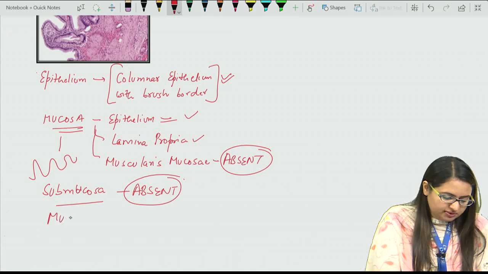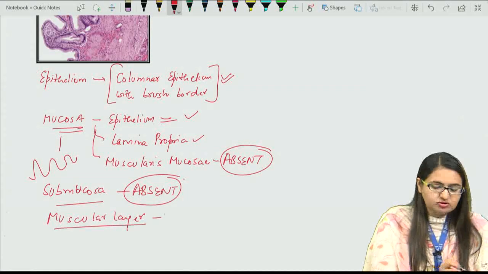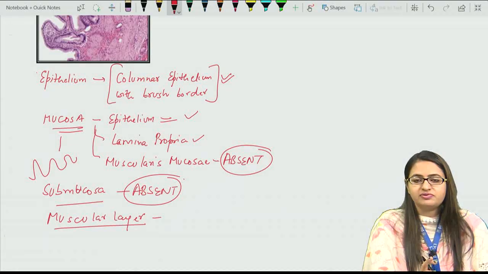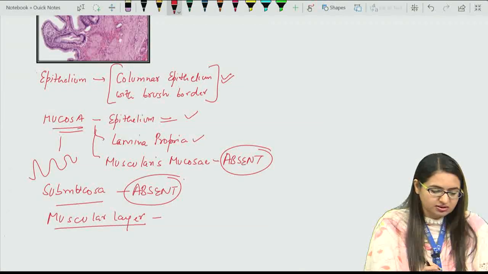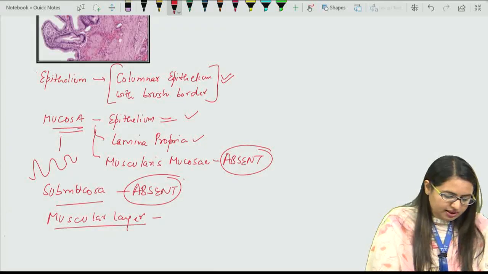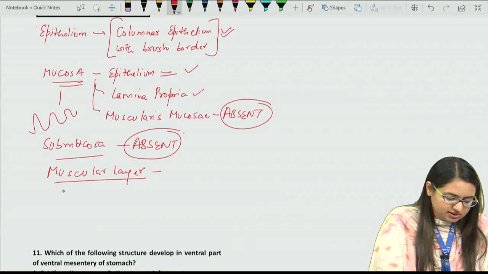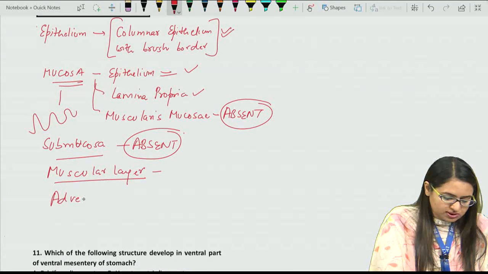Then we have the muscular layer. The fibromuscular layer which is present over here is having less number of muscle fibers and less number of collagen fibers. So a thin layer is there. And after that, the layer which is present is the adventitial layer or the serosa layer.